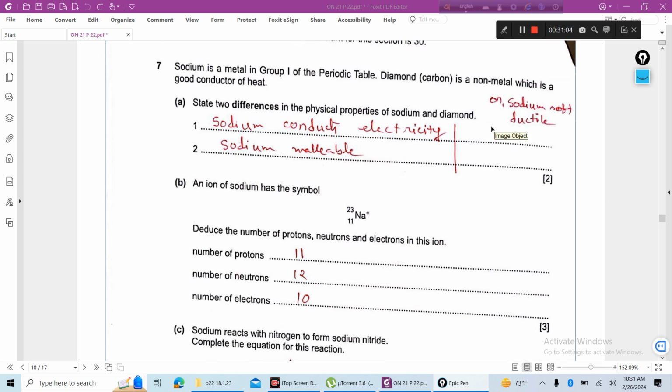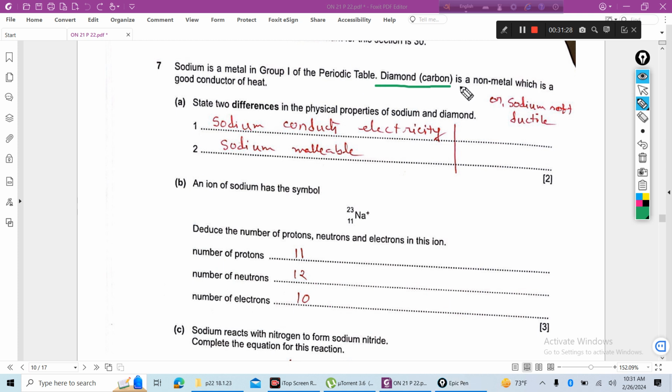Now number 7. Sodium is a metal of group 1. Diamond is a non-metal which is a good conductor of heat.